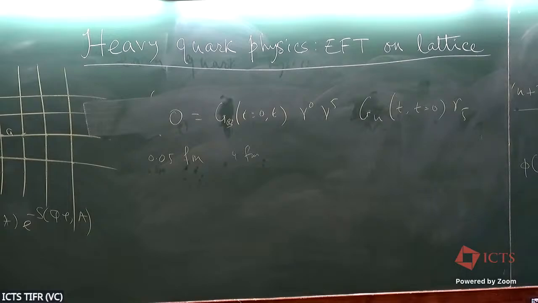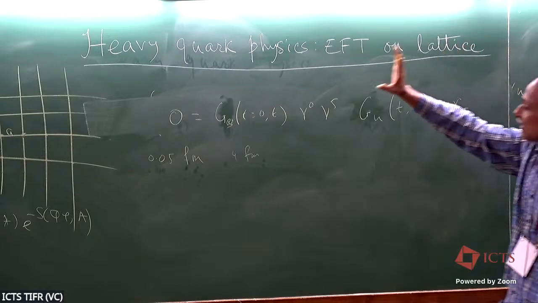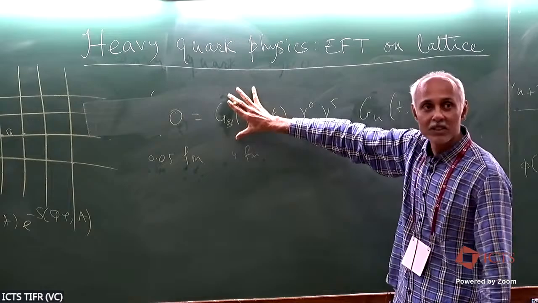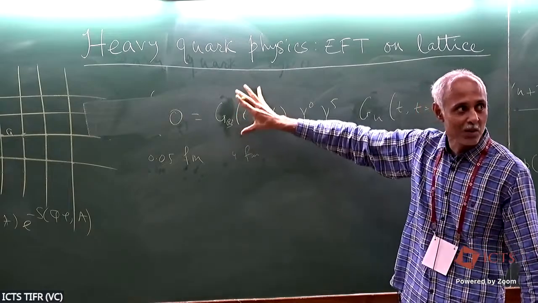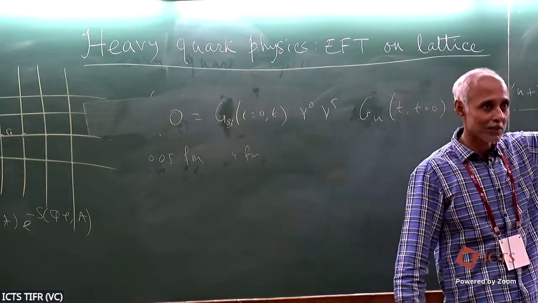Okay. And then, of course, you know how to do the calculations on the lattice. So that is the whole purpose, of course. So what we will do is the calculation exactly as I have outlined there, except the B meson will not come as a B meson. Its propagator will be replaced by that static propagator.